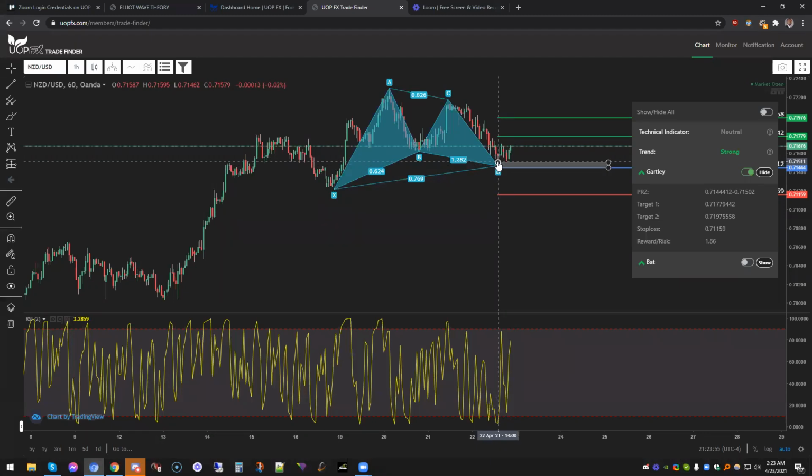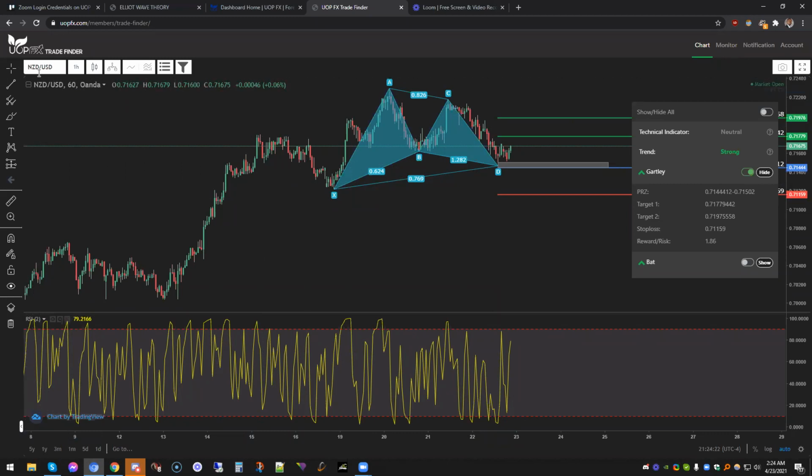So this signal basically confirmed around, this is around 3 o'clock, right? So this is towards the end of the day, all right? And I'm not looking to get involved in trades towards the end of the day. However, this is a US and New Zealand pair, right?